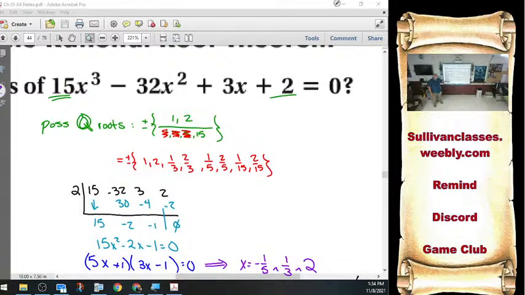Now, you still got to do the work. You still have to back up the work, more importantly, because this process is how we're going to get to our imaginary zeros later. And if you don't follow the process, you're never going to find your imaginary zeros. So you still have to have the work to back it up, but you can kind of cheat the work. Okay?